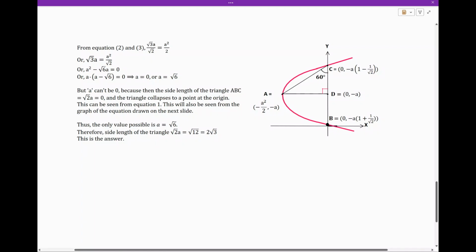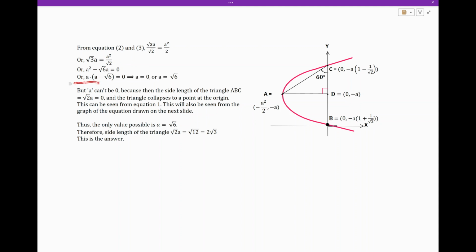From equation 2 and 3, we get square root 3a divided by root 2 is equal to a square by 2. Therefore, square root 3a is equal to a square by root 2, or a square minus square root 6a is equal to 0.